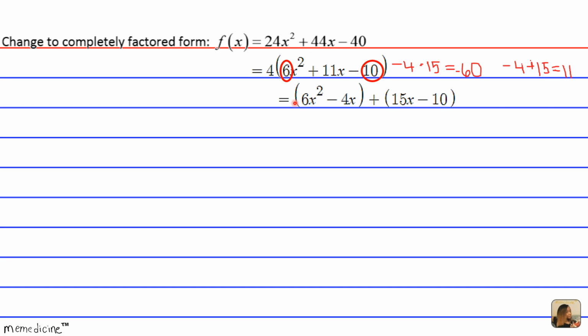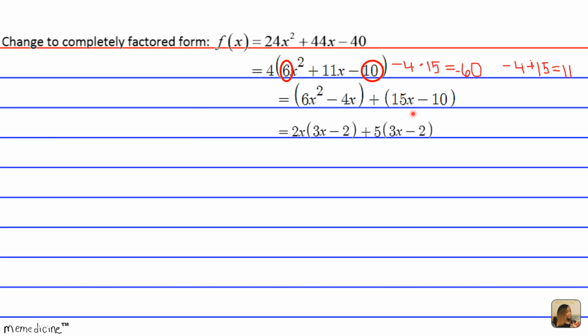Okay, so now we can just do normal factoring. We can factor out a 2x from the first group because 2x is a common factor to both 6x squared and 4x, and we can factor out a 5 from the second group because it's common to both 15x and 10.